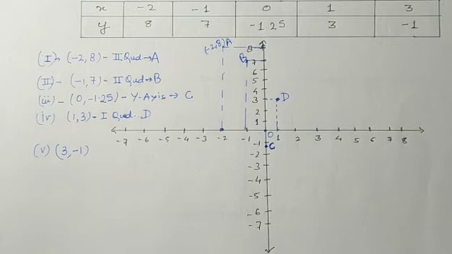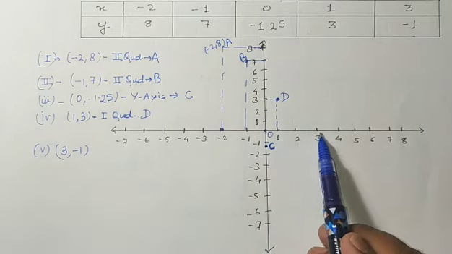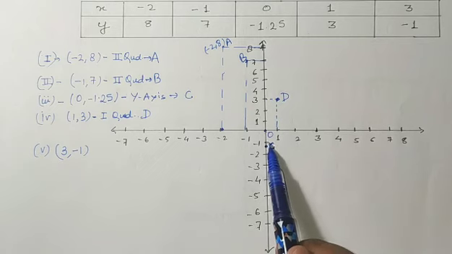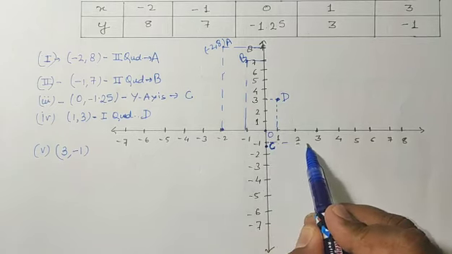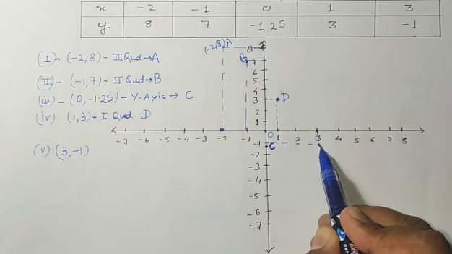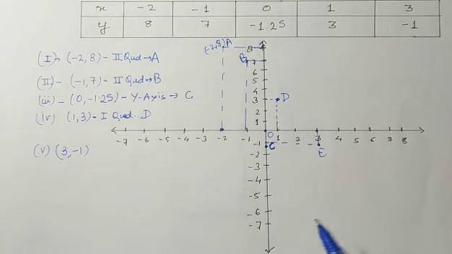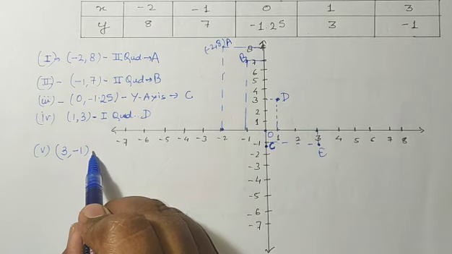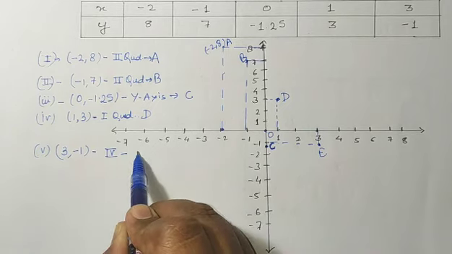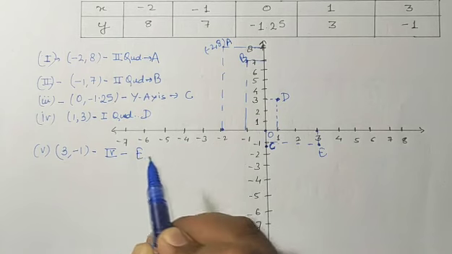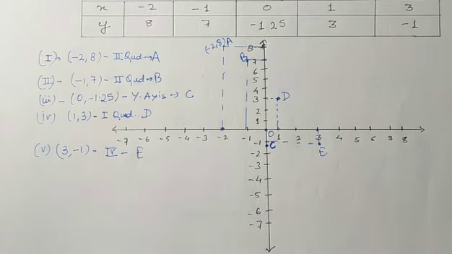Where is this point located? Towards the x direction it has traveled 3, towards the y direction it has traveled minus 1. So draw a perpendicular line like this. So here we get point E, it is in the fourth quadrant and we have represented it by E.